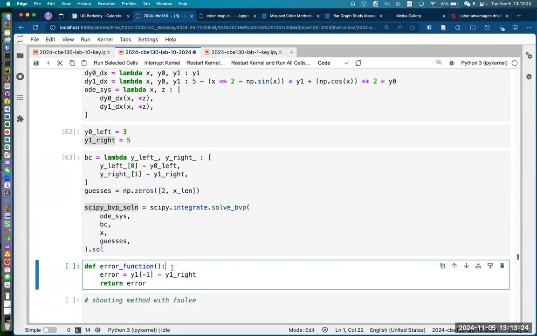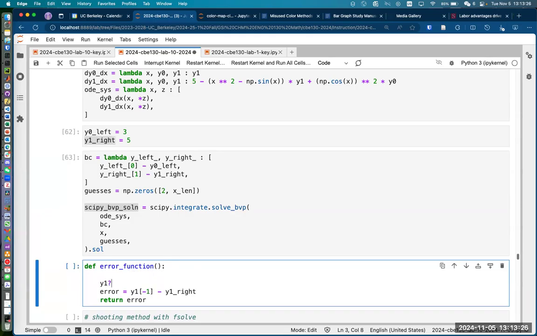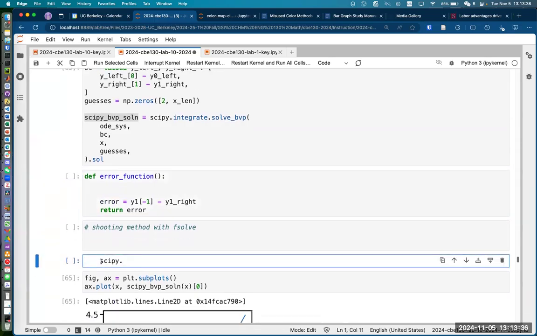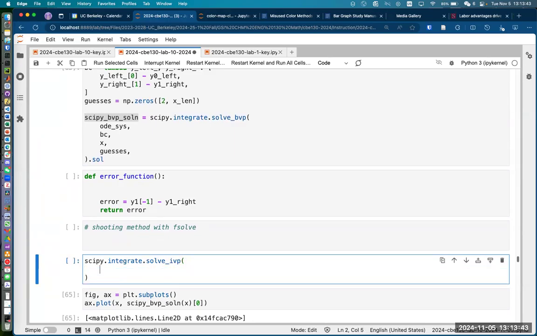But we will need to find what y1 is. To find y1, we will need to solve IVP. SciPy dot integrate dot solve IVP. So instead of solve BVP, we first solve IVP.